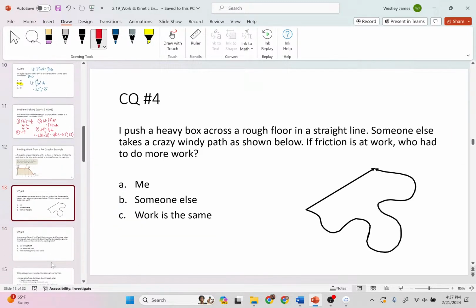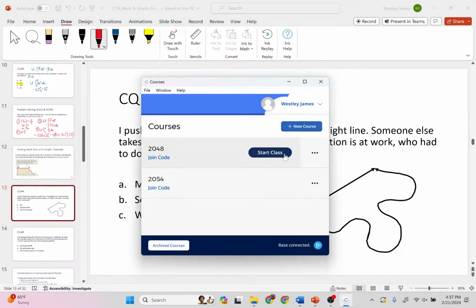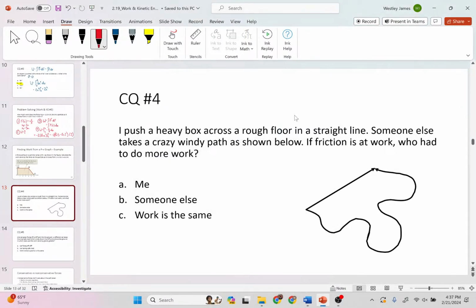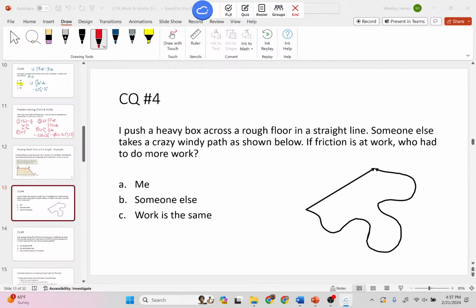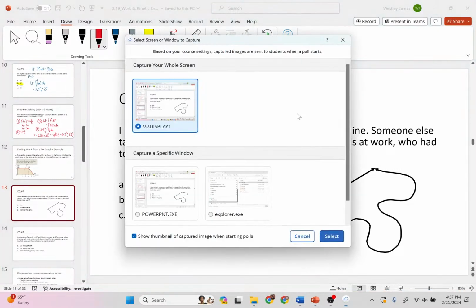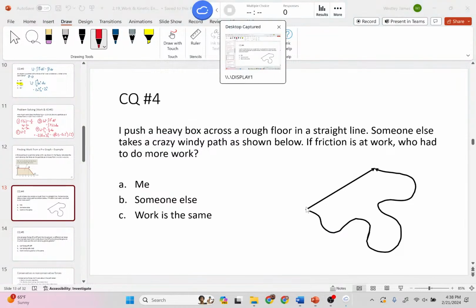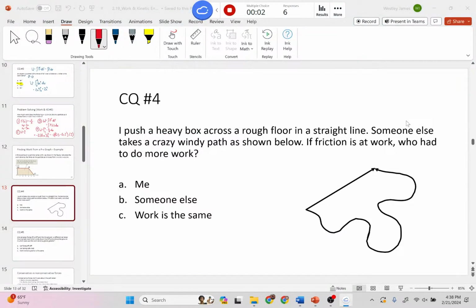All right, first clicker question. I push a heavy box across a rough floor in a straight line. So there's my straight line. Someone else takes a crazy windy path, as shown below.